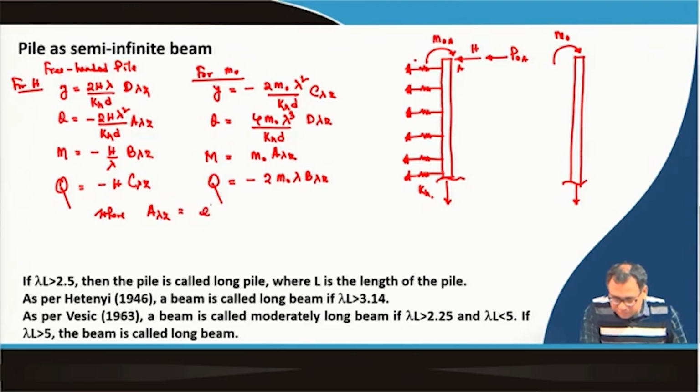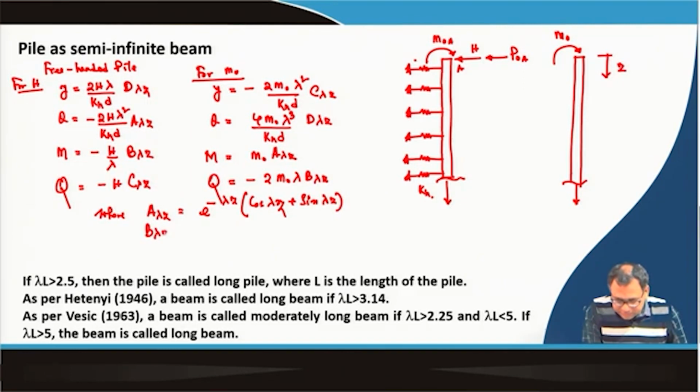Where, as you know, A lambda z is equal to e to the power minus lambda z into cos lambda z plus sin lambda z, and z is in this direction.